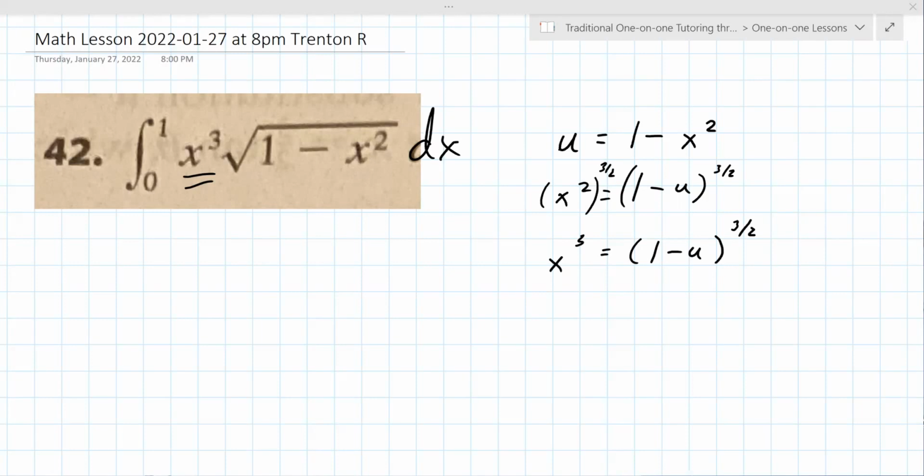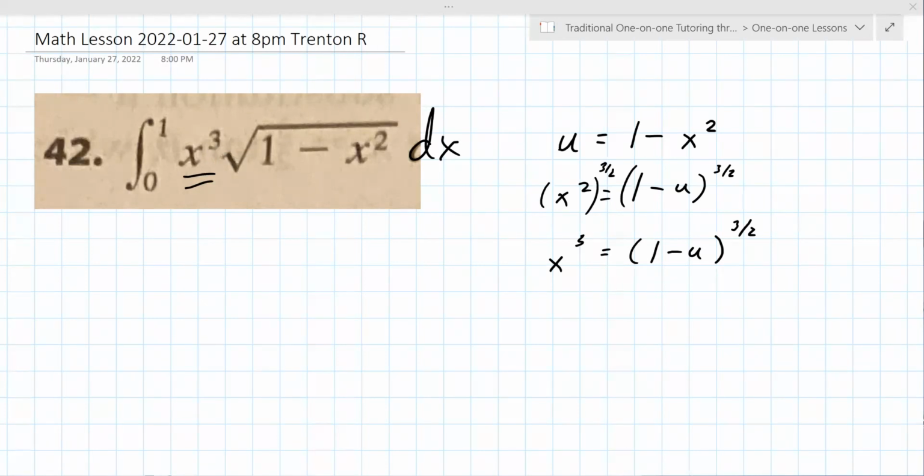I have a problem like this in my notes. Yeah, here's that problem, but x to the third isn't there in my notes. Yeah, if it's just x, it works out nicely.